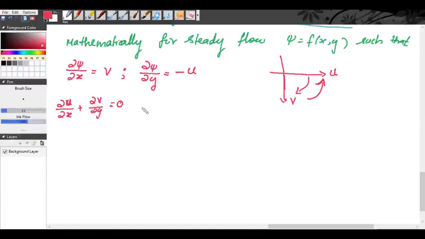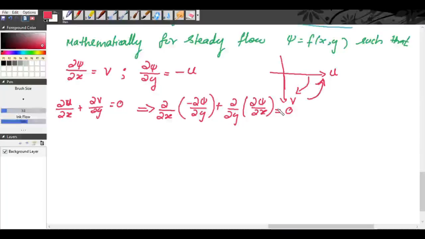equal to 0. This is our continuity equation from which we get dou by dou x of, what is u? It is minus dou psi by dou y, plus dou by dou y of v, that is dou psi by dou x, is equal to 0.